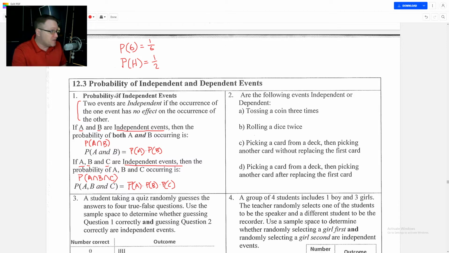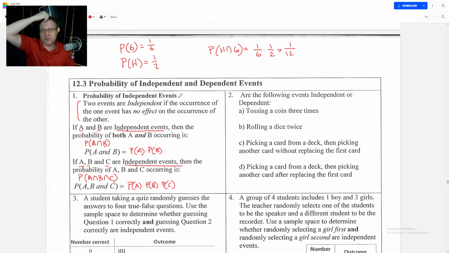Well, the rule that we just learned tells us that the probability of me getting a heads and him getting a 6 is going to equal this one times this one. So it's going to be 1/6 times 1/2, which is 1/12. So that's how we use this rule of independent events.